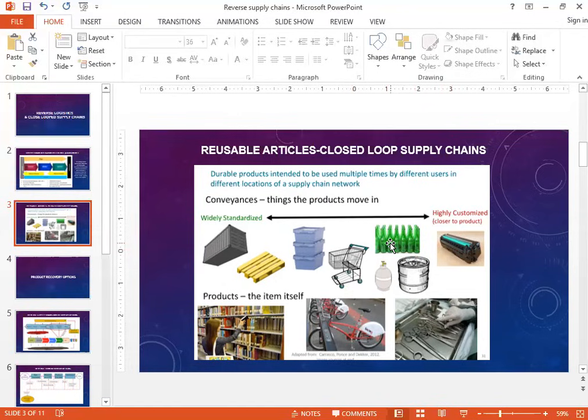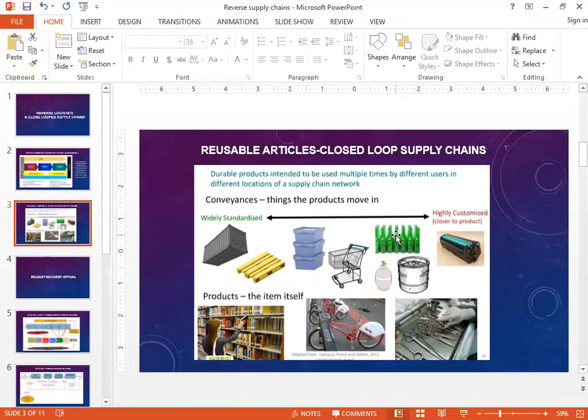And so Pepsi, for example, you would buy a crate of Pepsi bottles, use those bottles, drink Pepsi from them, and then give those bottles back to the retailer. And so this was a closed loop. This is an example of a closed loop supply chain, but it's a very customized product.